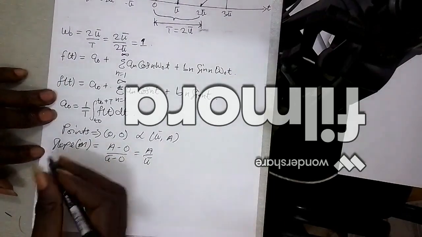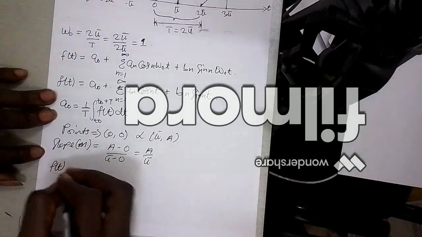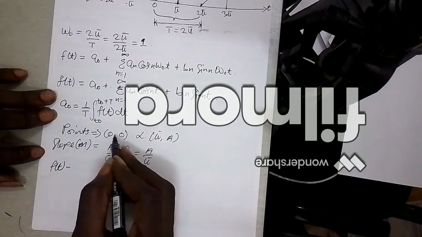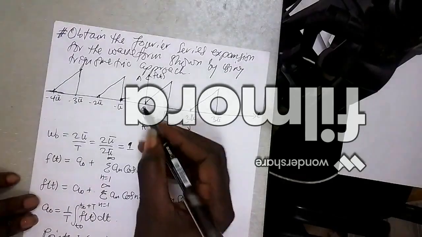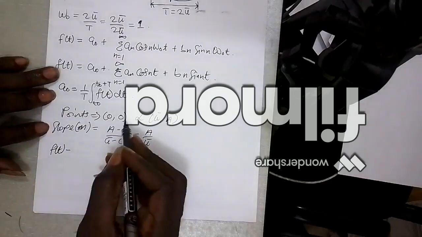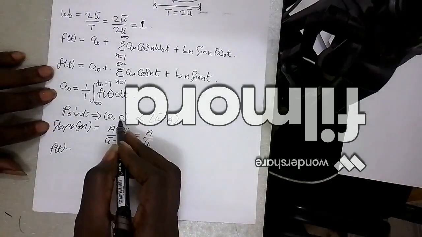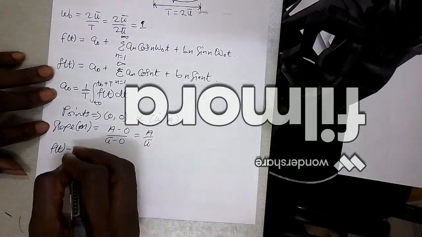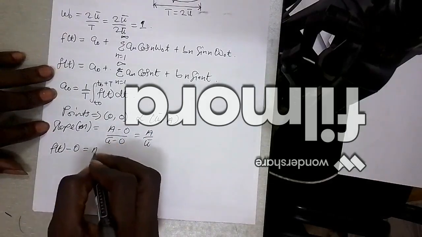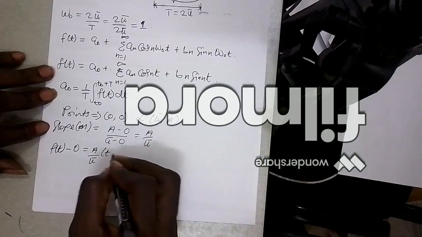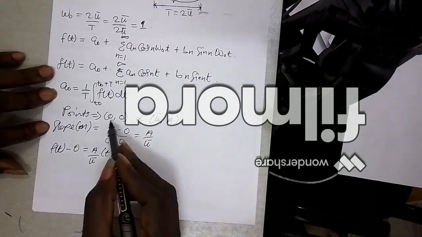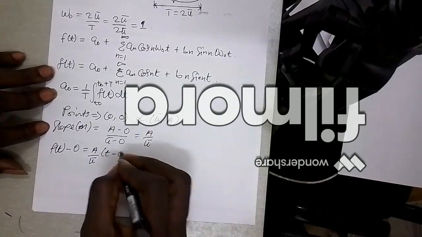Now the equation. So now f of t minus, you use the first point, where your line is starting from, which is 0, 0. So f of t minus the y component, which is 0, is equal to the slope, A on pi, into t minus the x component, which is also 0.